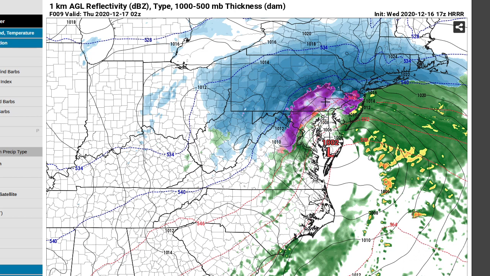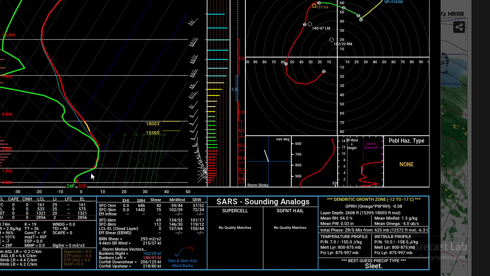Now we can drop this sounding right into that purple, and we can see that the subfreezing layer extends well up above 1 kilometer. This is very deep cold air. So any precip falling into this, even if it melts, will likely be in the form of ice pellets.